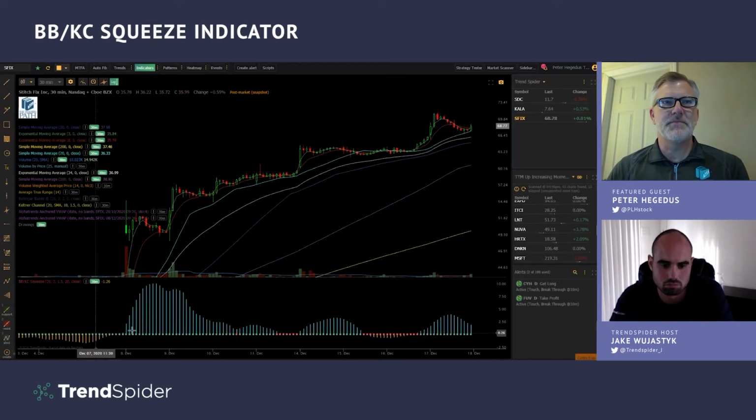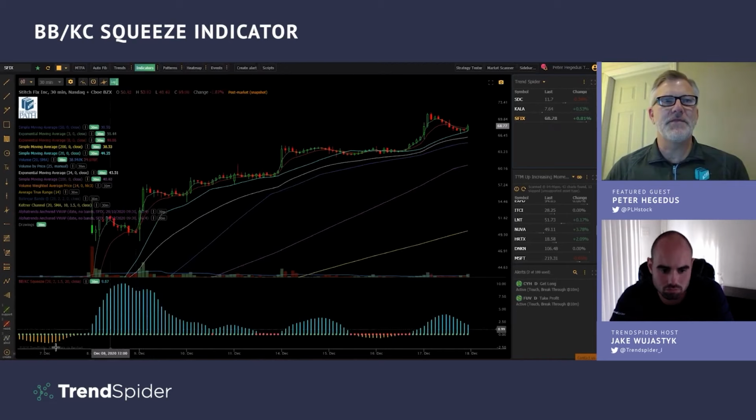So the first component with the TTM Squeeze is the momentum oscillator, and that's basically just telling you which way your momentum is going. So with that, if my momentum's moving towards the zero line from below, that's considered positive momentum. And it's positive momentum when I cross up through the zero line and I'm pushing up away from it.